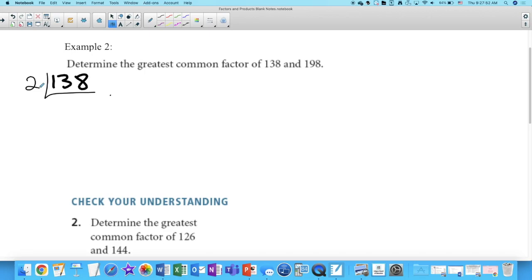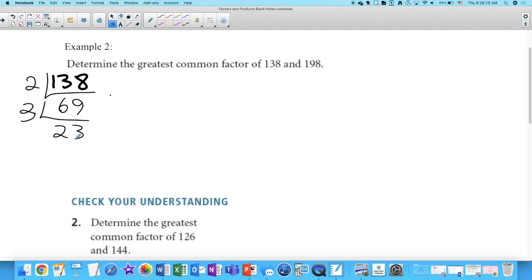So this is 69. Okay. Can I divide by 2 again? No. Can I divide by 3? Yes. And 69 divided by 3 is 23. Okay. Do I need to keep going? No. 23 is prime. Okay.